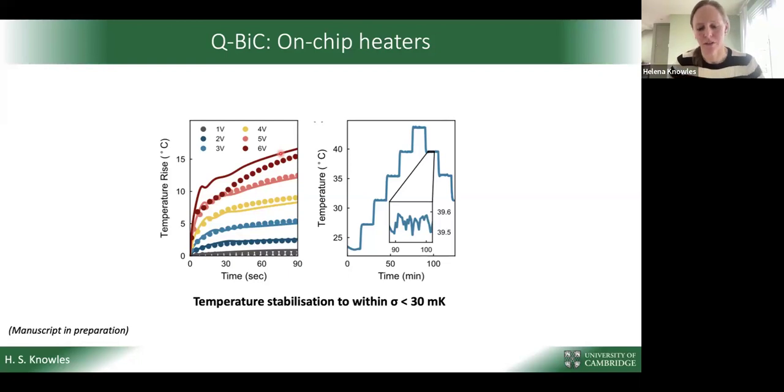At higher temperatures, there are some slightly odd things going on with convection and so on, which are quite hard to simulate. But we can at least measure with our thermometer, and we know what's going on on the global scale, on the chip scale. And this allows us to really do this kind of temperature stepping that you can see here. And we get tens of millikelvin RMS stability for our chip, which is quite nice. And it can be changed on the minute timescale if we want to do any kind of stepping.